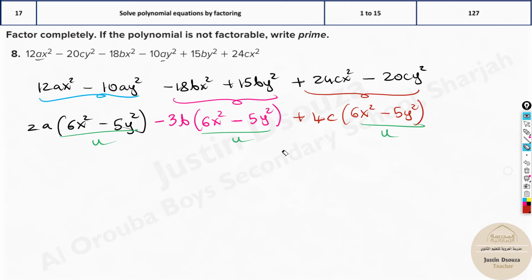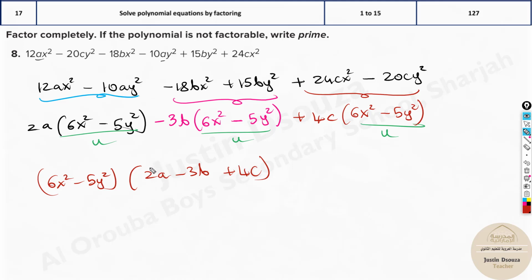How exactly? Let us just assume we are removing these terms outside. These 3 also are common, right? We remove it out. It will be 6x squared minus 5y squared. Okay, it's gone. So what is remaining inside the brackets? It'll be 2a minus 3b plus 4c.